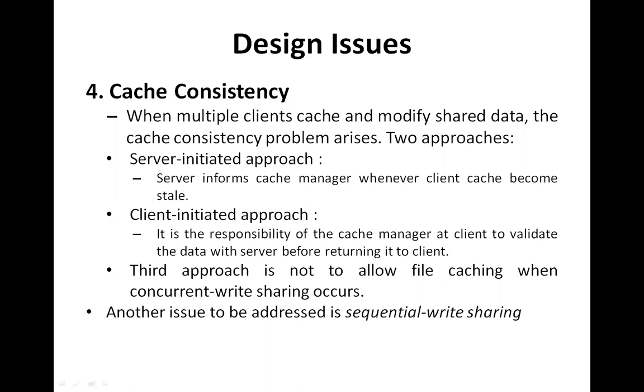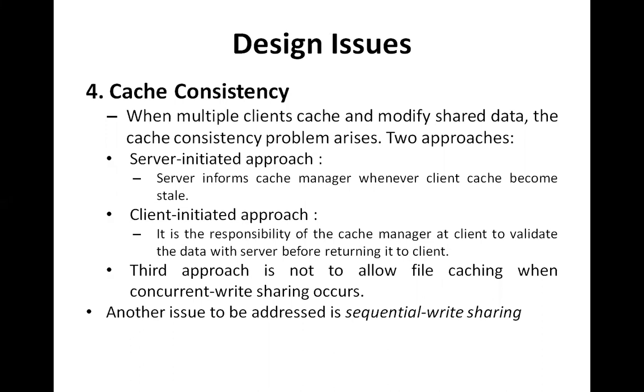So we have a third approach, which is not going to allow file caching when the concurrent write sharing occurs. In this approach, cache consistency is simply done by not allowing the file caching when concurrent write sharing occurs. In concurrent write sharing, a file might be open at multiple clients, and at least one client has opened it for writing purpose.